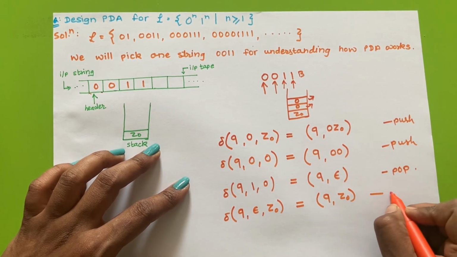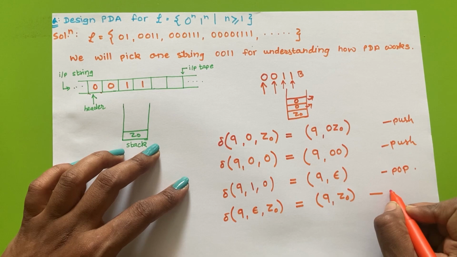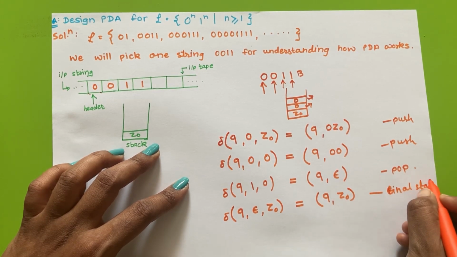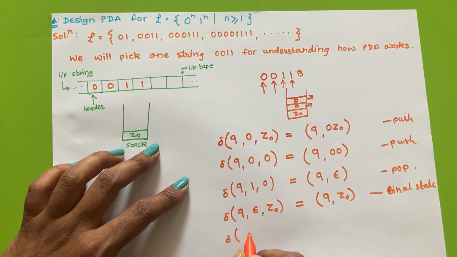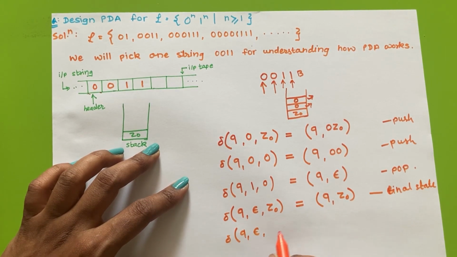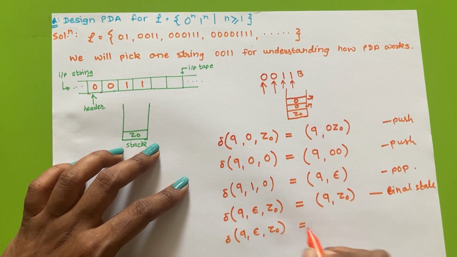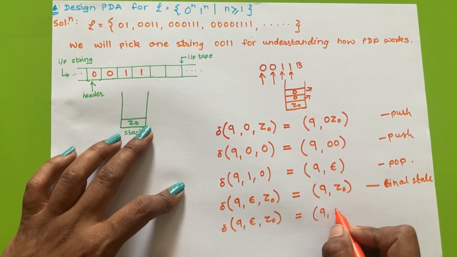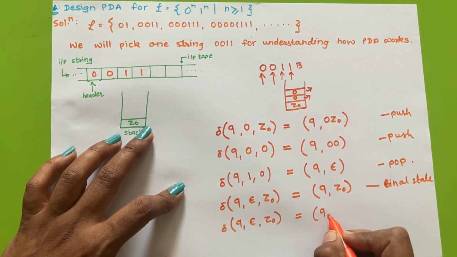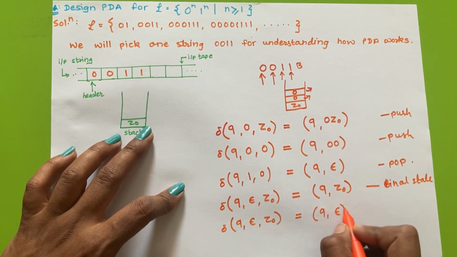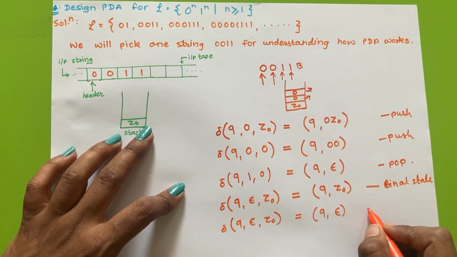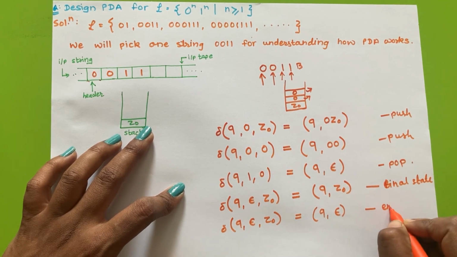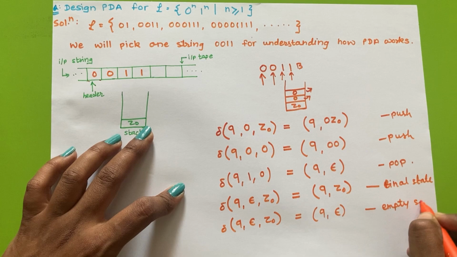This is for acceptance through final state, and when we want to design the PDA for acceptance through empty stack, then this Z0 will also get popped out. Okay, so that will be represented as Q comma empty. Okay, so that is for empty stack.